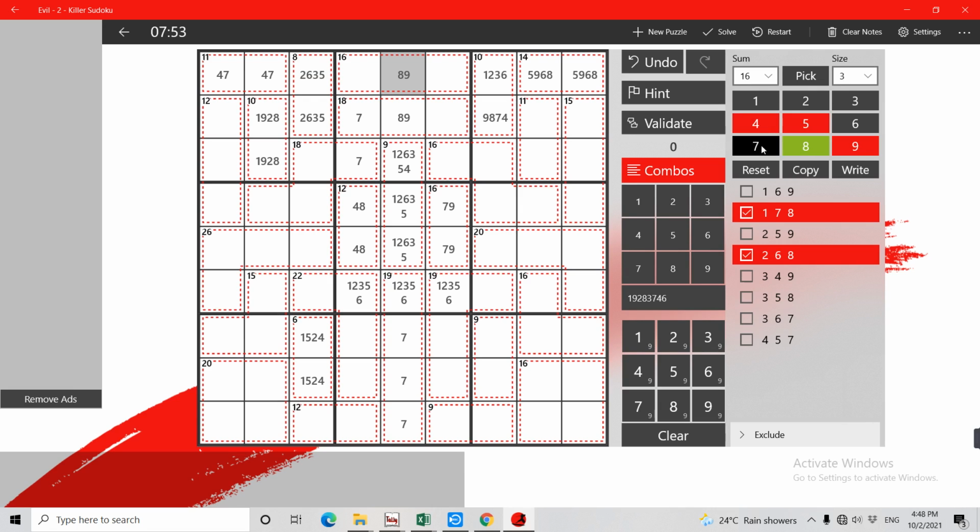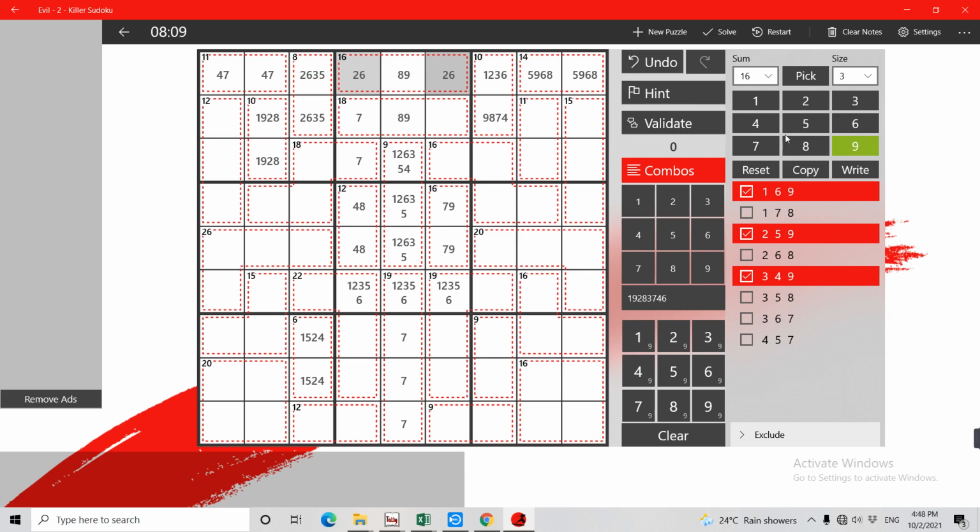And I cannot use 4 and 7 already, which means these two cells should have a 2 or a 6. Then I will enter a 9 here, which means I cannot use 4 and 7, that is quite obvious.